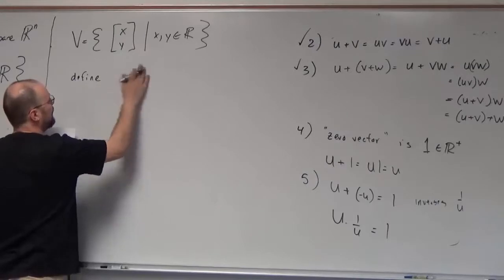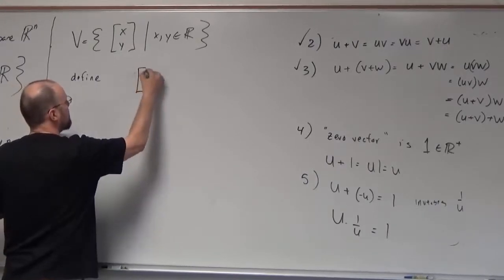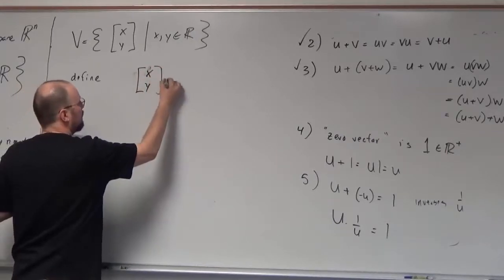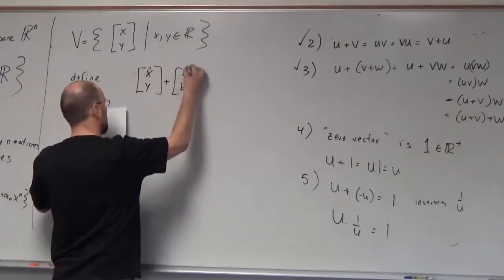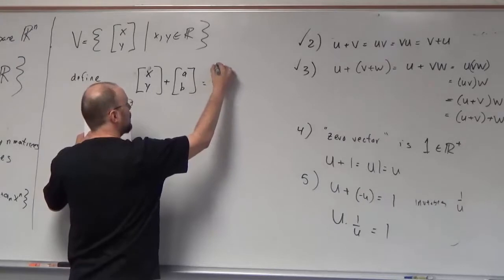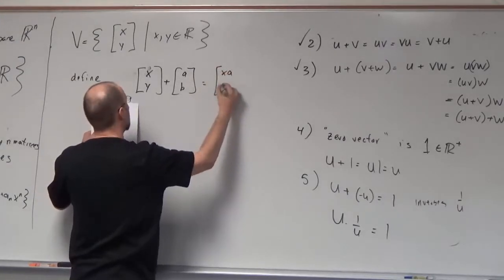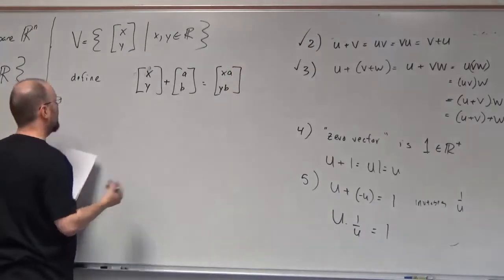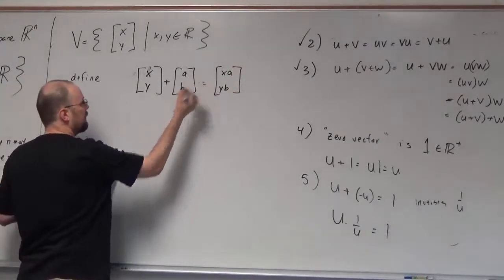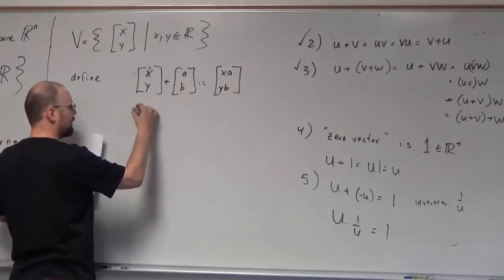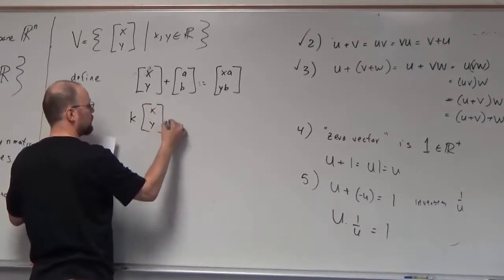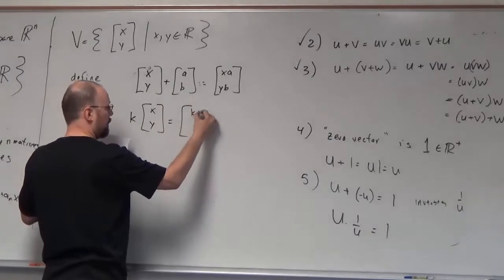We define addition to be, say, (x, y) plus (a, b). We're going to define it to be the product. And scaling is going to be the standard operation we're used to.